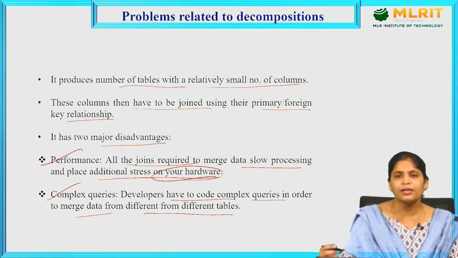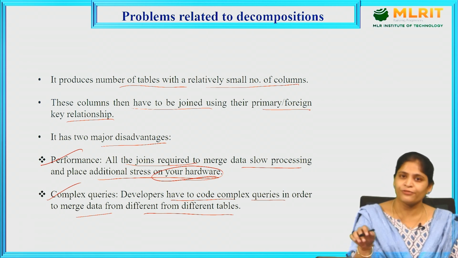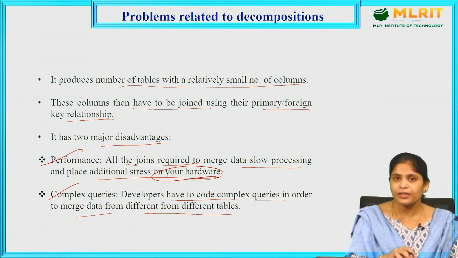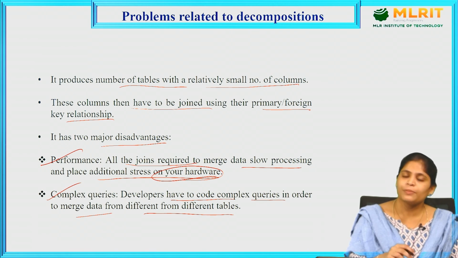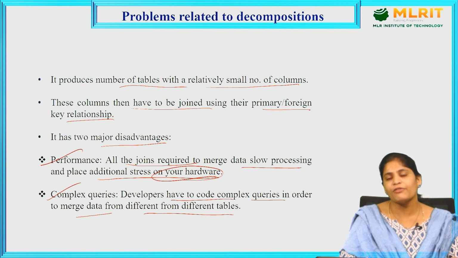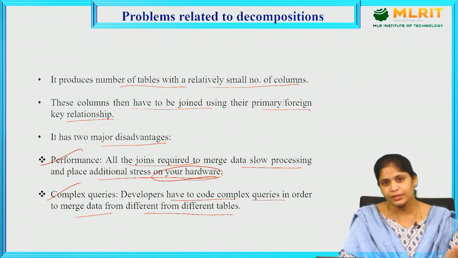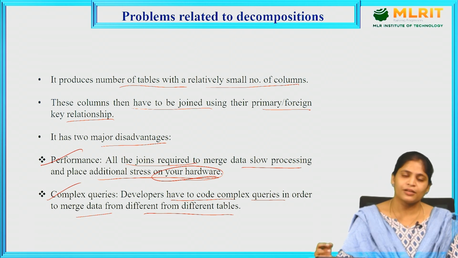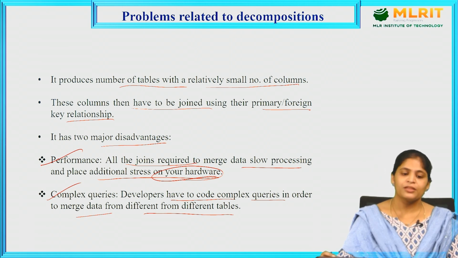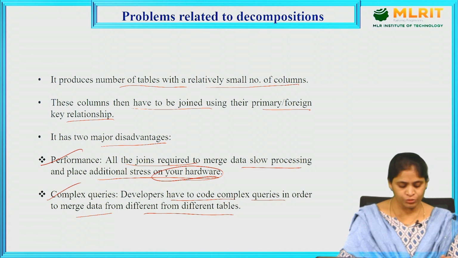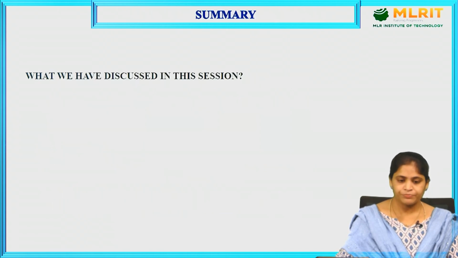Splitting a single table into tables is very easy, but while merging them, it will be very complex. Why? Because we have to consider the foreign key concepts, that means which table we have to refer to, and from which table we have to link and retrieve the data. So this might result in some complexity. That is the problems related to decomposition.